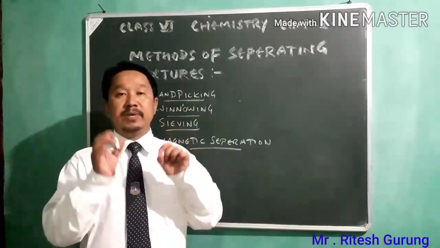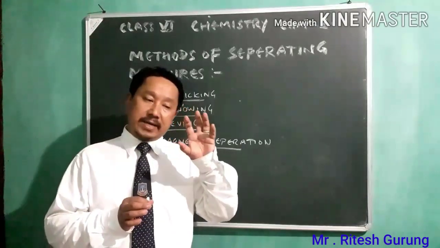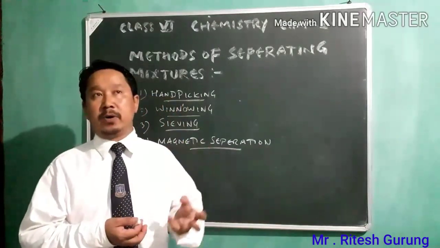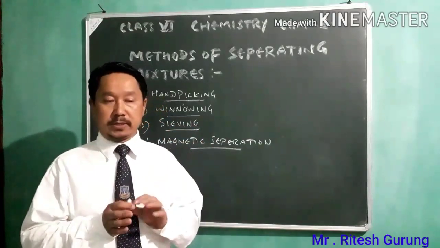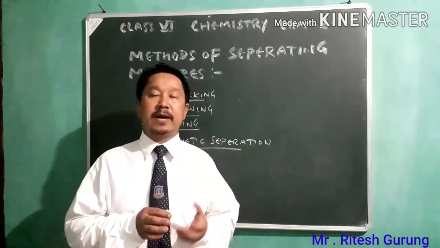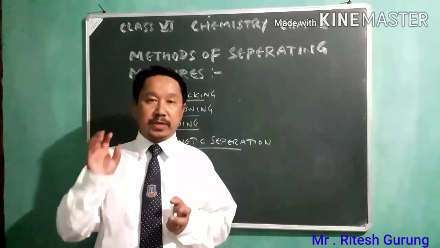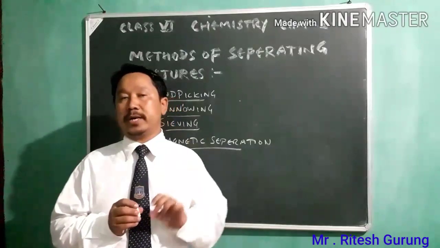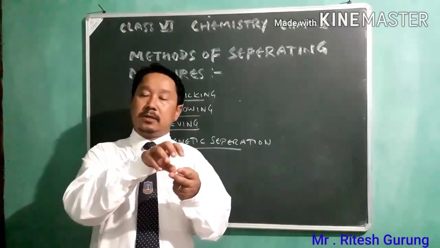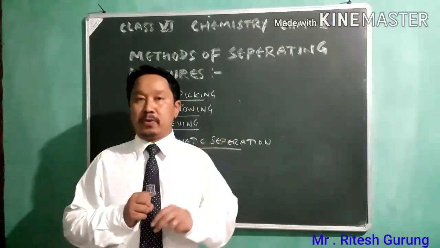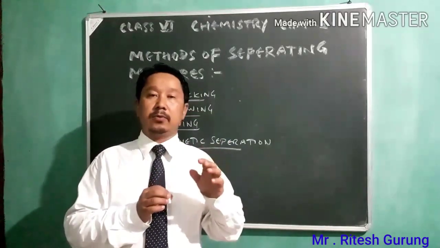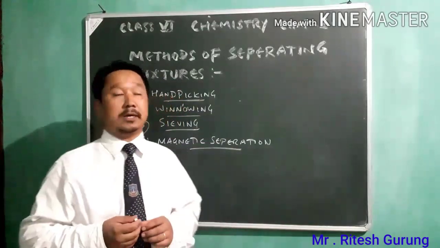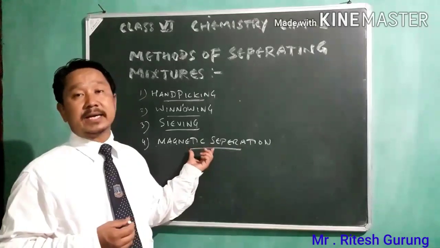If the mixture contains magnetic substance and non-magnetic substance, for example, a mixture of iron powder and sulfur, you can separate it by using a magnet. Once you bring a magnet close to the mixture of iron powder and sulfur, the magnet attracts all the iron powder, whereas sulfur cannot be attracted. That way you can separate it by using a magnet. So this method is called magnetic separation.